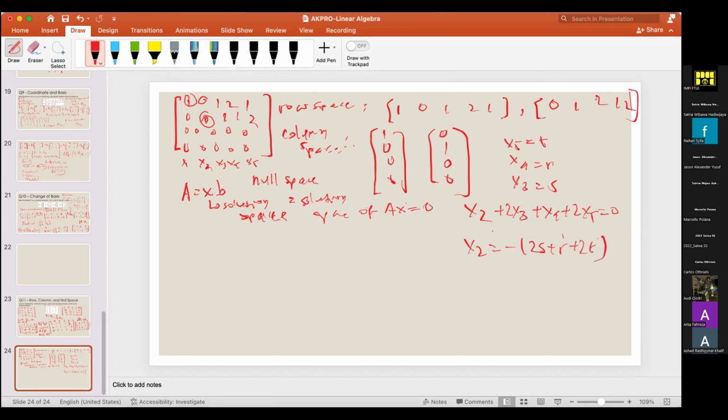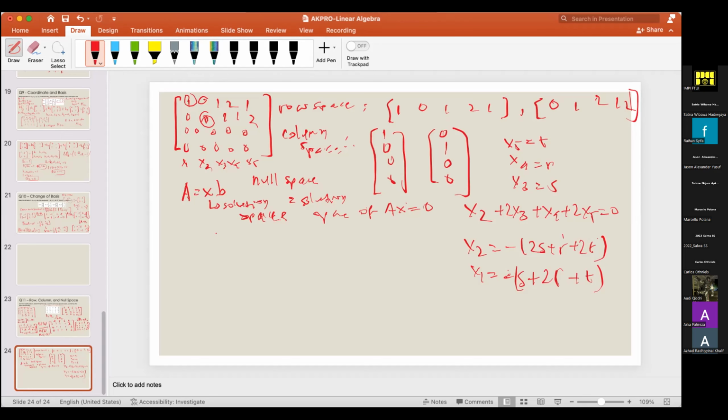And so x1, I'll just make this quick, is equivalent to negative s plus 2r plus t. So this is our solution.